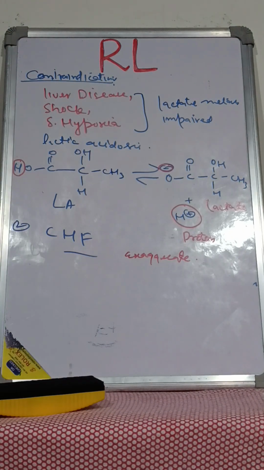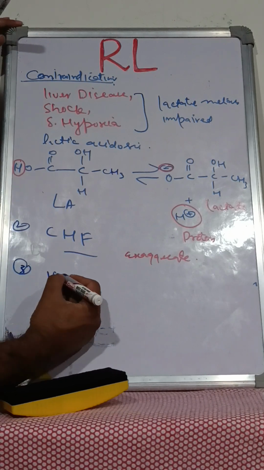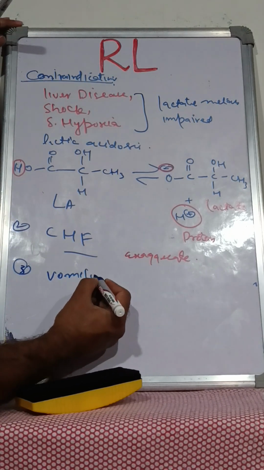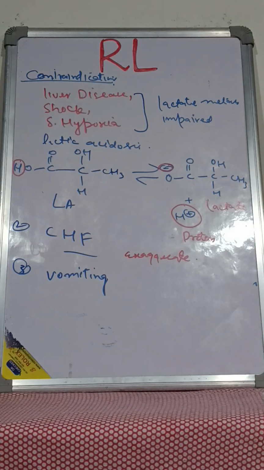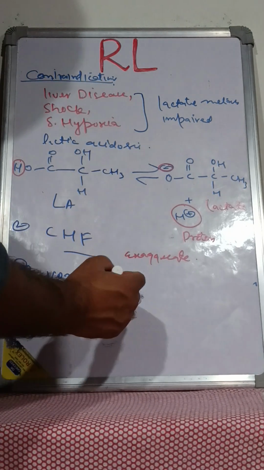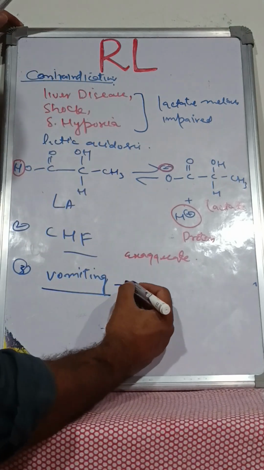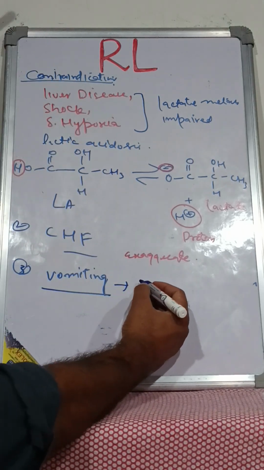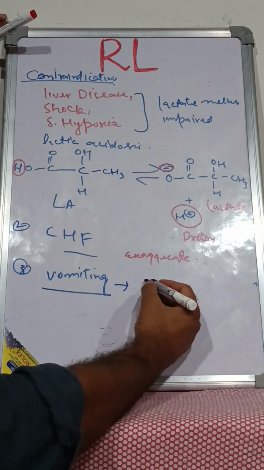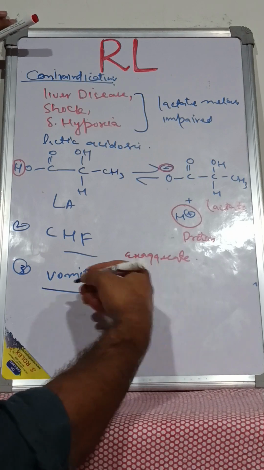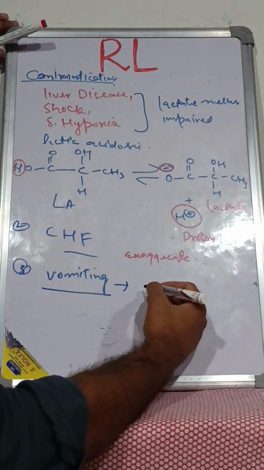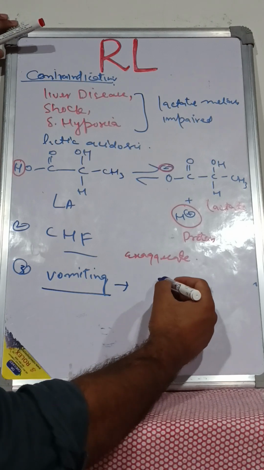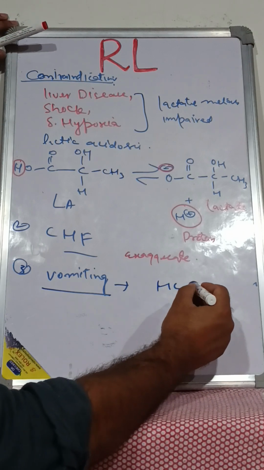Also you cannot give it in vomiting. Vomiting is also a relative contraindication to the use of RL, because when somebody vomits, gastric secretions also come out through the mouth. So when gastric secretions come out, basically HCl also comes out.